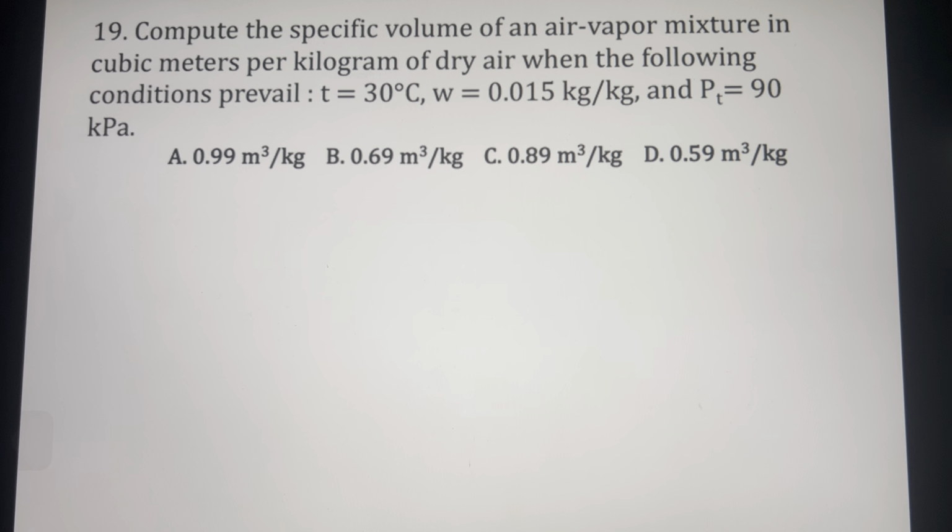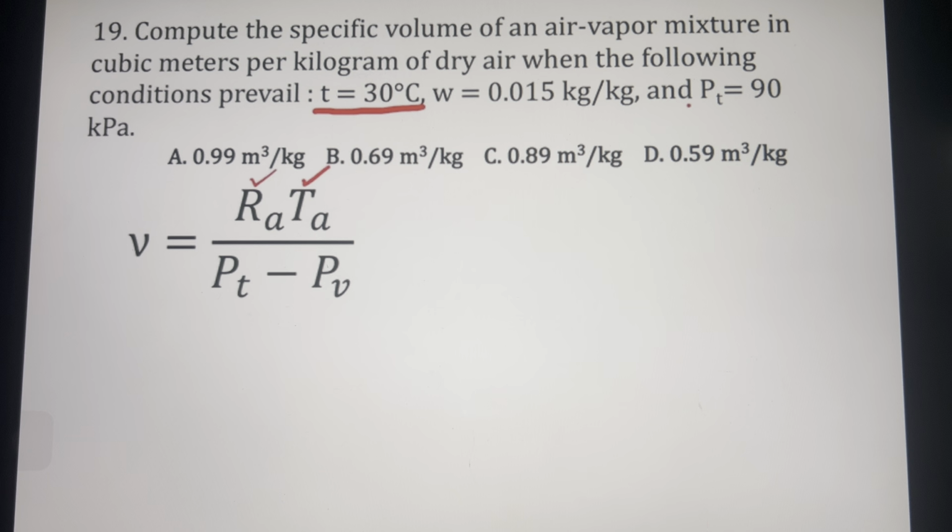For an air vapor mixture, our specific volume is RT over P, where R is our gas constant of air, T is the absolute temperature of our air, and P is the air pressure, which is the difference of the total pressure and our PV.